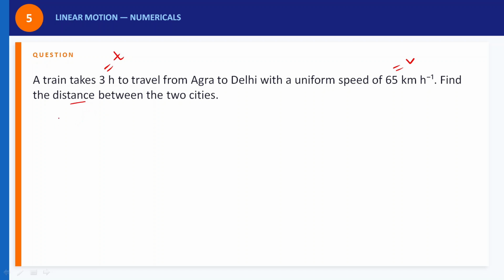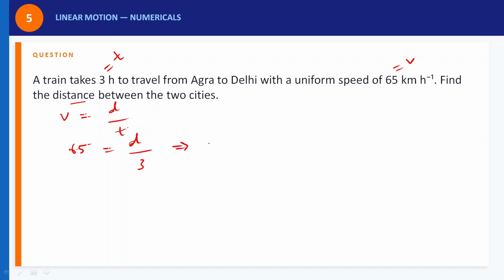We have a formula. V equal to distance by time. Speed is 65, time is 3 hours.